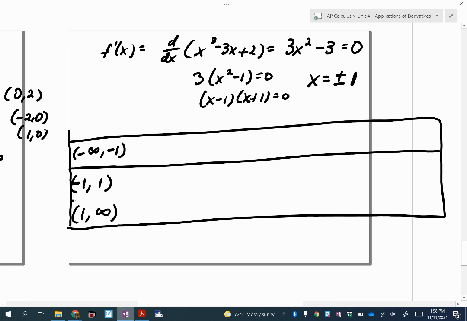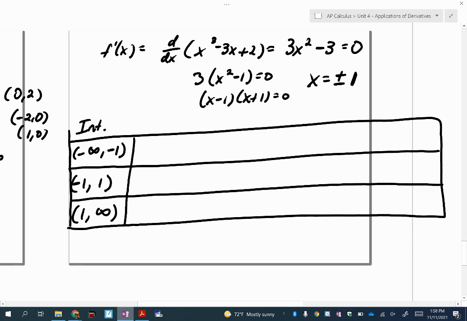Okay, then I'm going to do a test point. Right, so this would be my interval, then my test point. So I'm going to use negative 2, 0, positive 2. This would be where I look at my sign of my f prime of x.